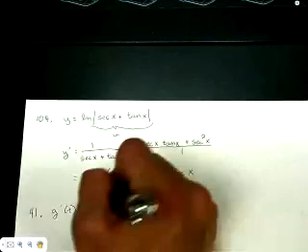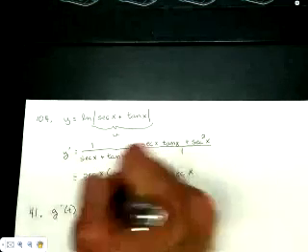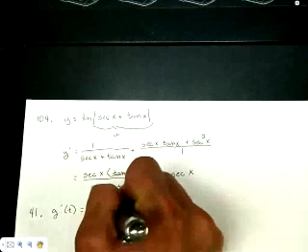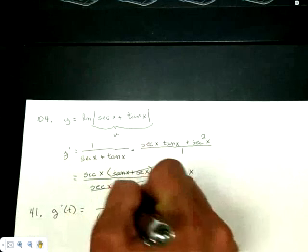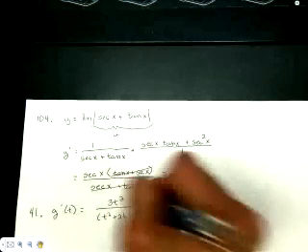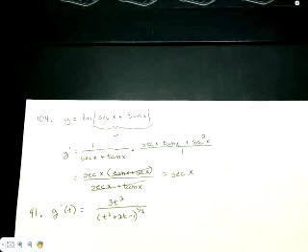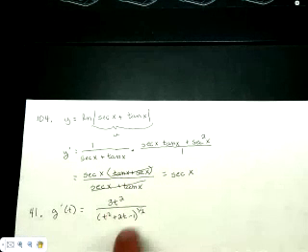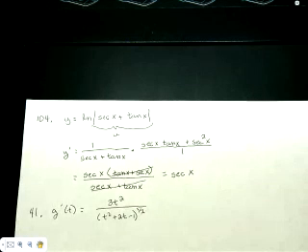G of t equals 3t squared over t squared plus 2t minus 1 to the 1/2. That denominator in the book is under the radical. I'm going to go ahead and change it to t squared plus 2t minus 1 to the 1/2.